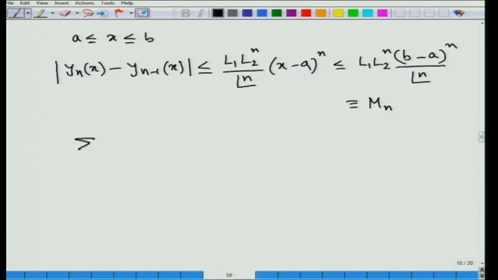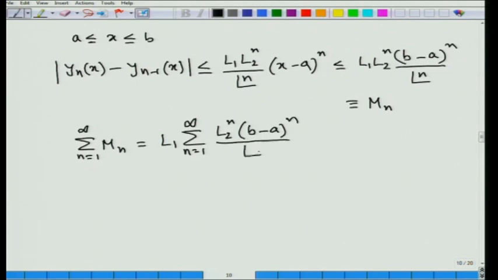Therefore, we can write sigma n equal to 1 to infinity M_n equal to L1 times summation n running from 1 to infinity L2^n (b minus a)^n divided by factorial n, and this is equal to L1 times (e to the power L2 times (b minus a) minus 1).